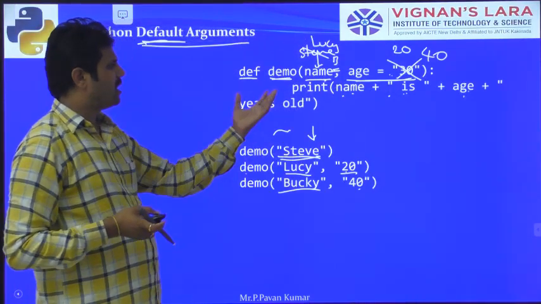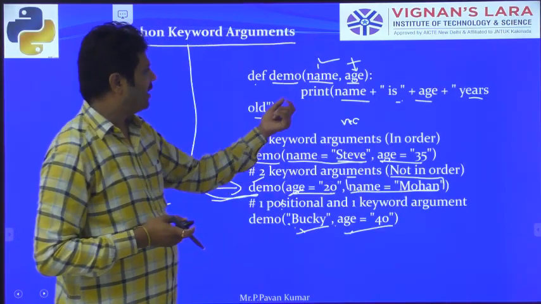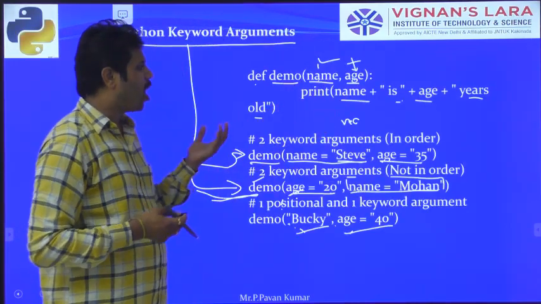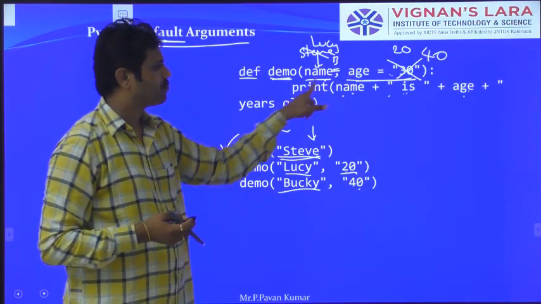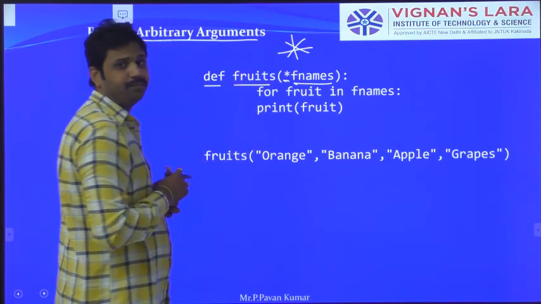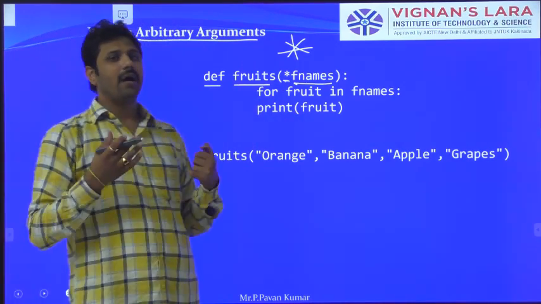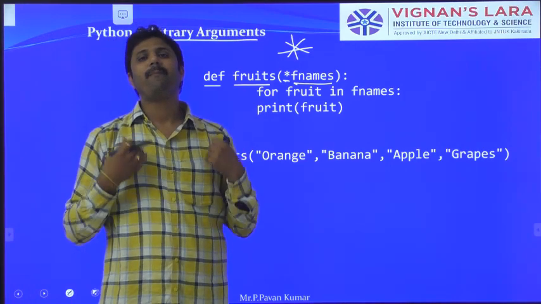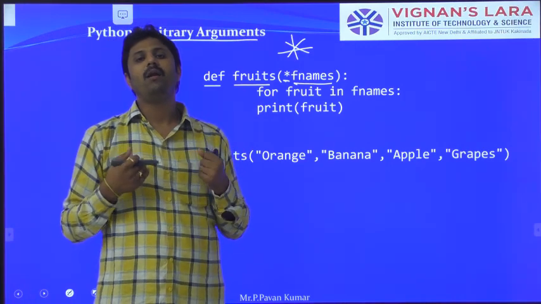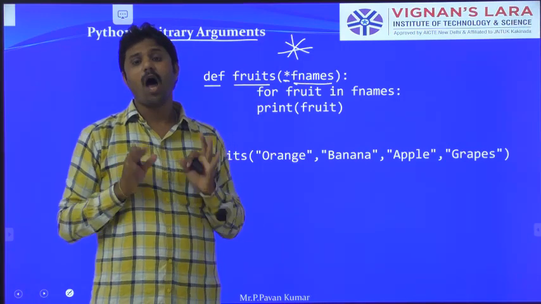Previously we had some parameters, name, age, and here also name, age, but we were not using any star symbol. But in this case, we are using a star symbol. This star symbol means we can pass multiple arguments. You can pass multiple arguments.